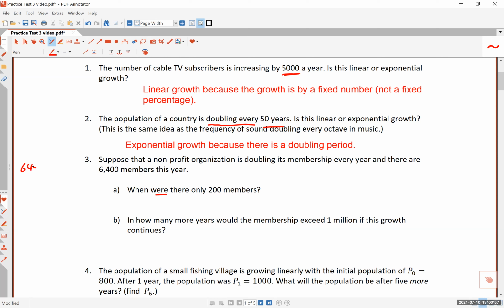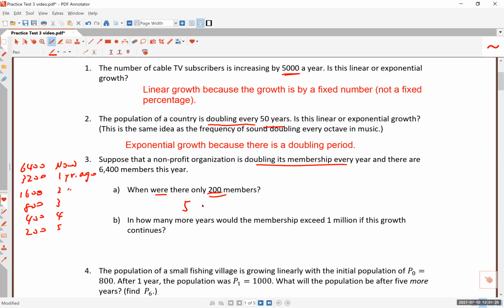So this is 6,400 members now. Last year, so it's a year ago, there must have been 3,200 because it says doubling every year. And 2 years ago, that's 1,600. 3 years ago, that would be 800. 4 years ago, 400. 5 years ago, 200. There you go.